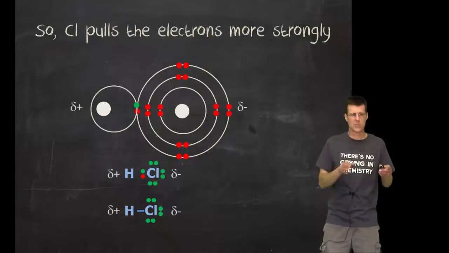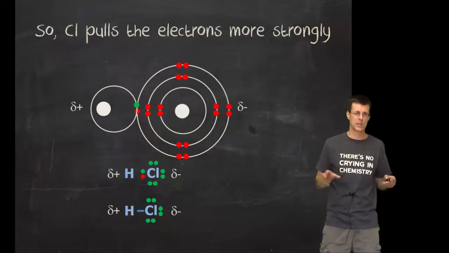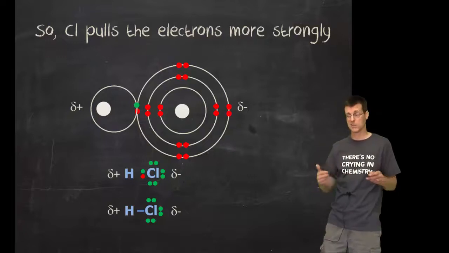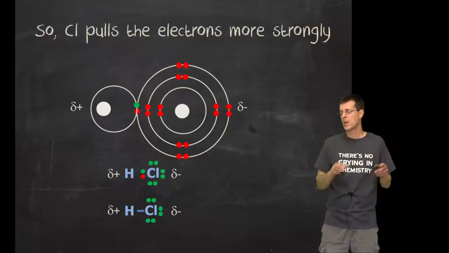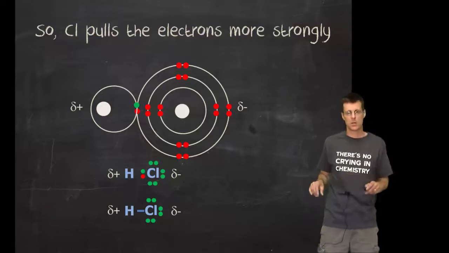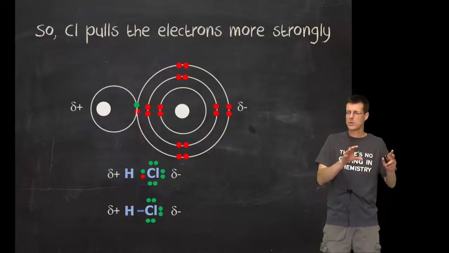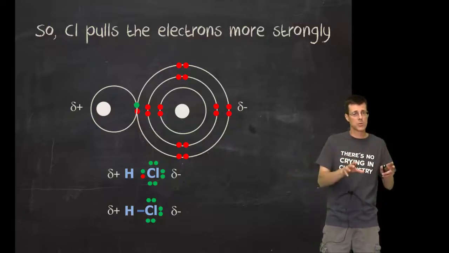Now there's a couple of ways we can do this, but the little squiggle there is a Greek letter called delta. Now if you're thinking delta is a triangle, that's uppercase delta. This is lowercase delta. What it means is there's a slight positive charge on the hydrogen side and a slight negative charge on the chlorine side. We don't want to talk about a charge because that's ionic, but a partial charge.